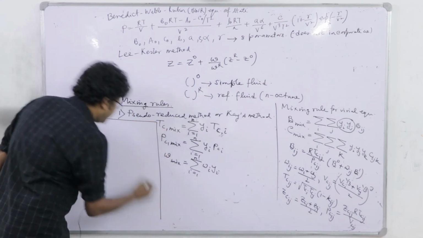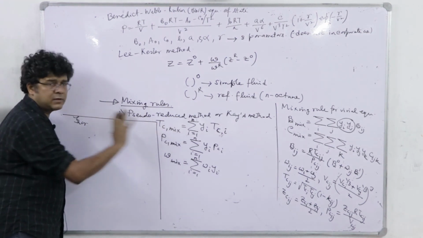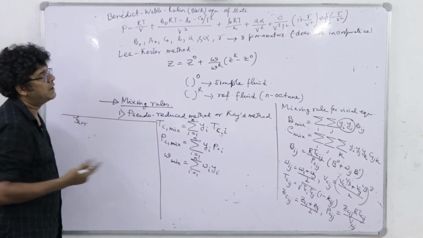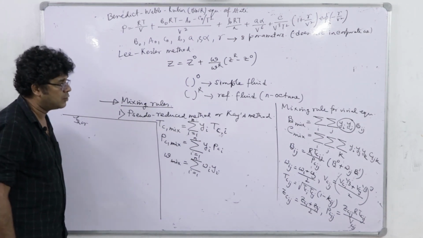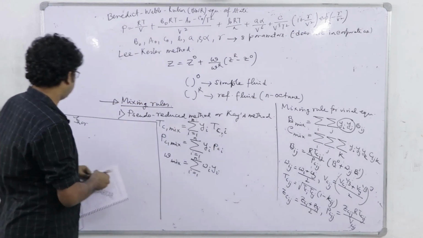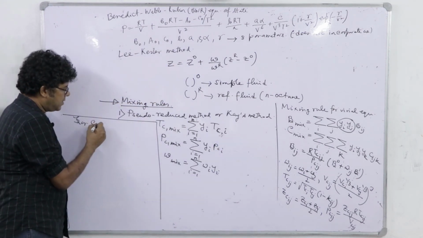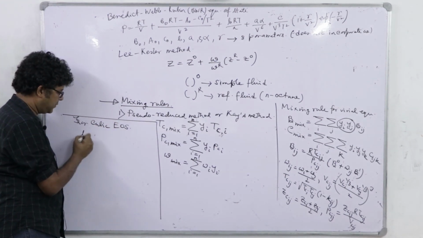Now, for cubic equation of state, you see this method you can apply everywhere, but if you want to go for an explicit mixing rule for a specific group of equations, for the virial equation we have to use this, whereas for cubic equation of state the mixing rule is something like that.